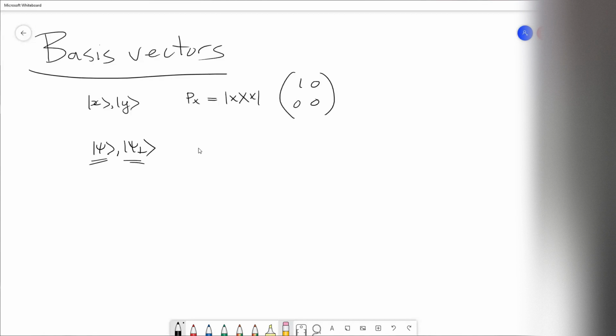In particular, as a special example of that, you can also look at the right and left circular polarization vectors. Those are also a basis. And you can write their projection operators as follows.